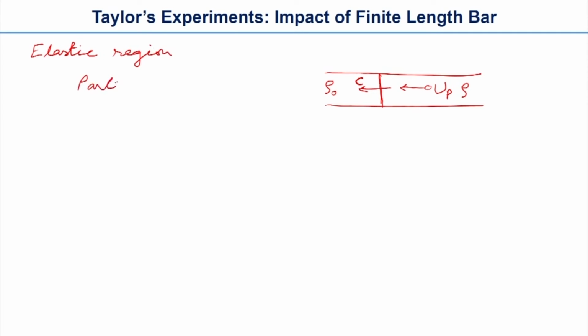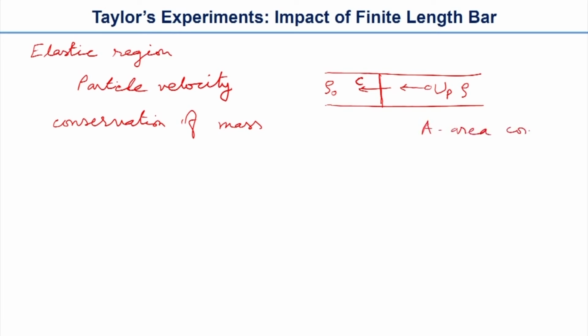For conservation of mass here, you can see that the area is constant, let us say it is only A, and the densities are different.